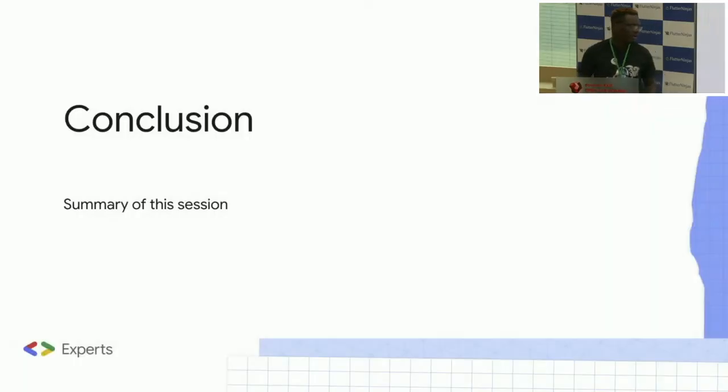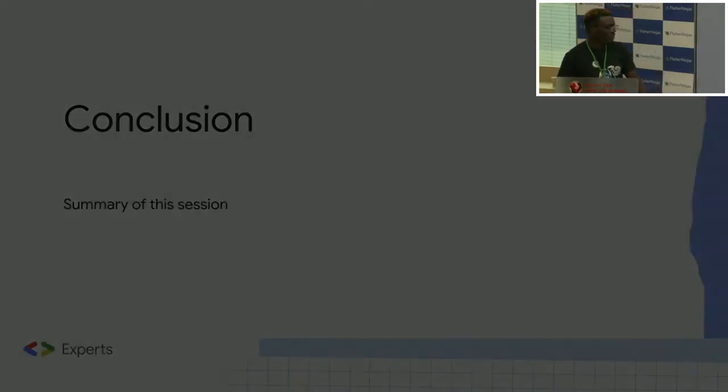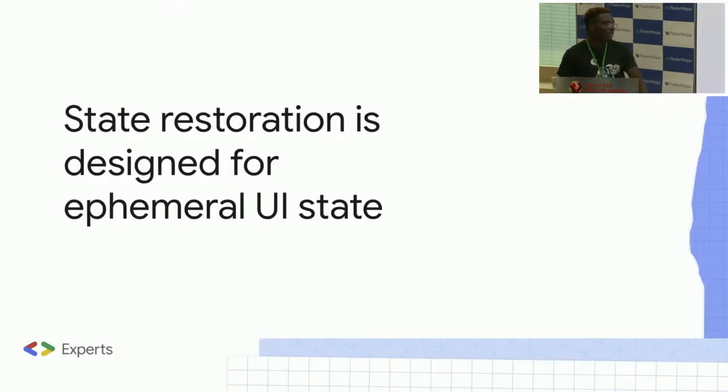So yes, a couple of things to note. State restoration is designed for ephemeral UI states. It's very important that we know this. When we talk about states in Flutter, we talk about two kinds of states: app states and local states, right? Local states are referred to as ephemeral states.